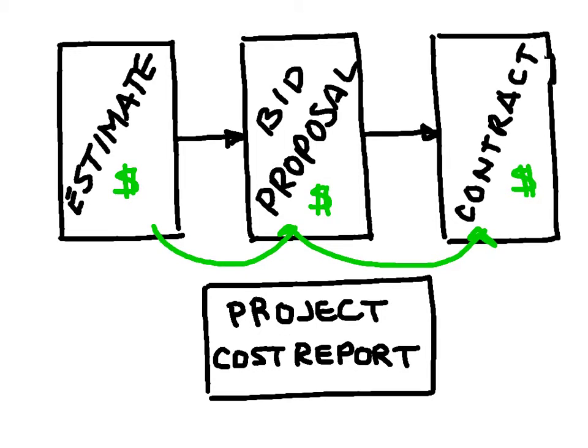Once the project is awarded, the contractor will usually establish a project cost report to account for every dollar spent against the contract amount. The cost report will include labor, material, subcontractor, equipment, and miscellaneous project costs. The total estimate in the project cost report will exactly match the contract amount.